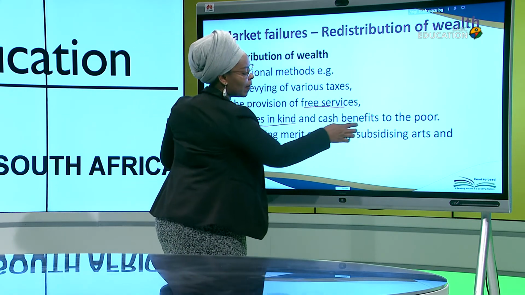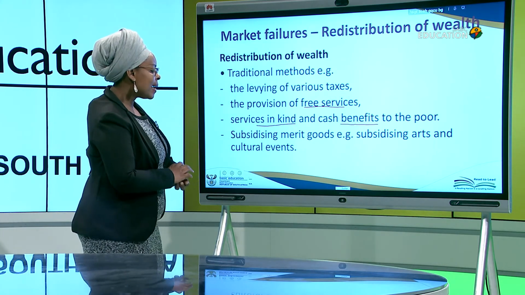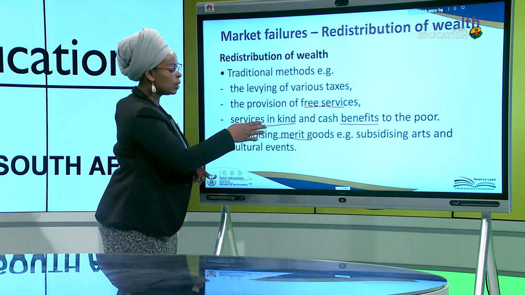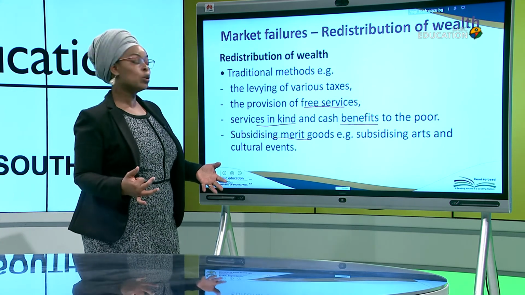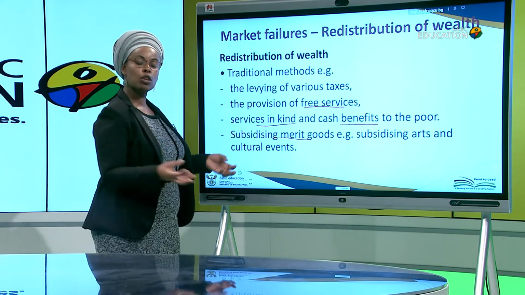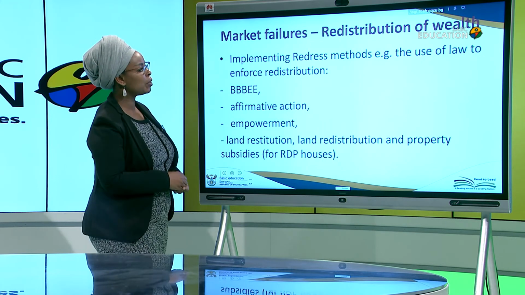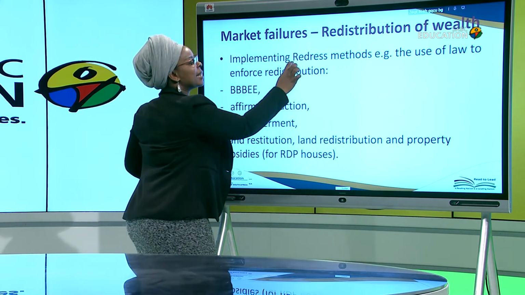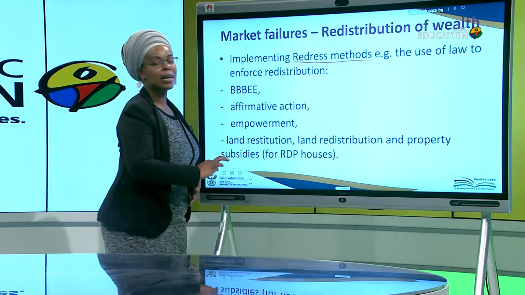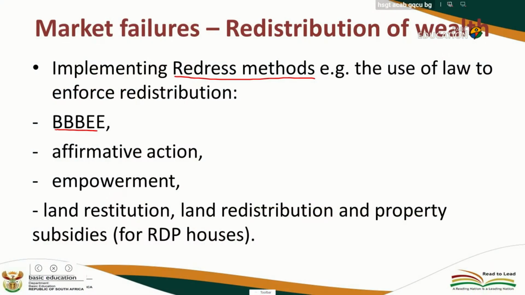Government can also provide cash benefits to the poor. Government can also subsidize merit goods such as private schools, art, cultural events, etc., so that the service can be available to those who cannot have access to it. Government can use redress methods, whereby government can use broad-based black economic empowerment to empower the indigenous people of the country so that they can be involved in the economy.